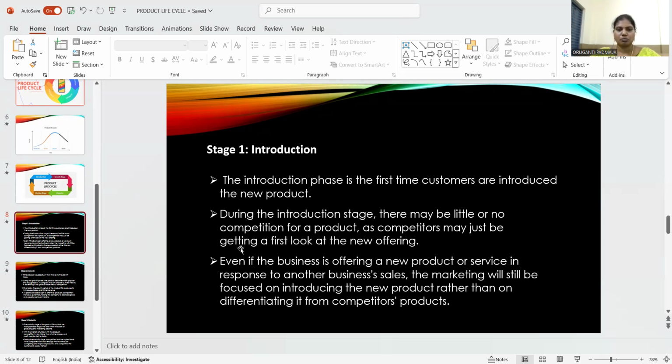Even if the business is offering a new product or service in response to another business's sales, the marketing will still be focused on introducing the new product rather than differentiating it from competitors' products.